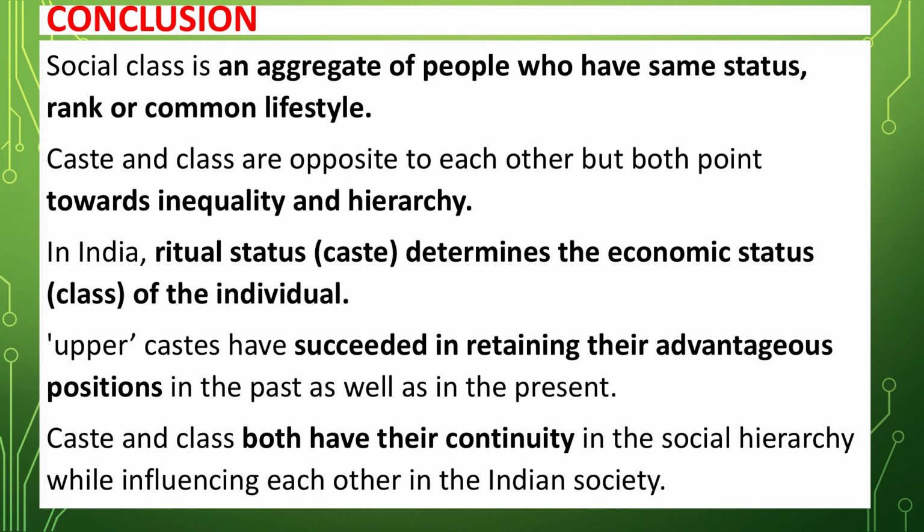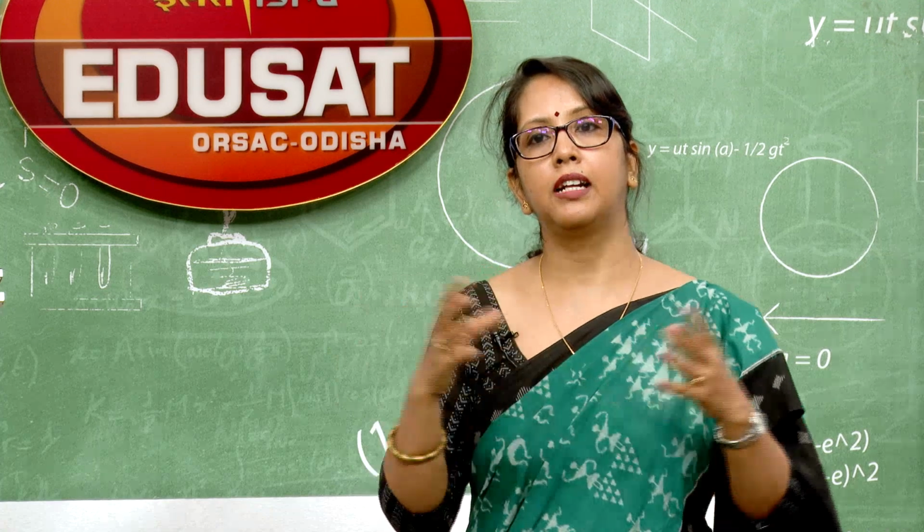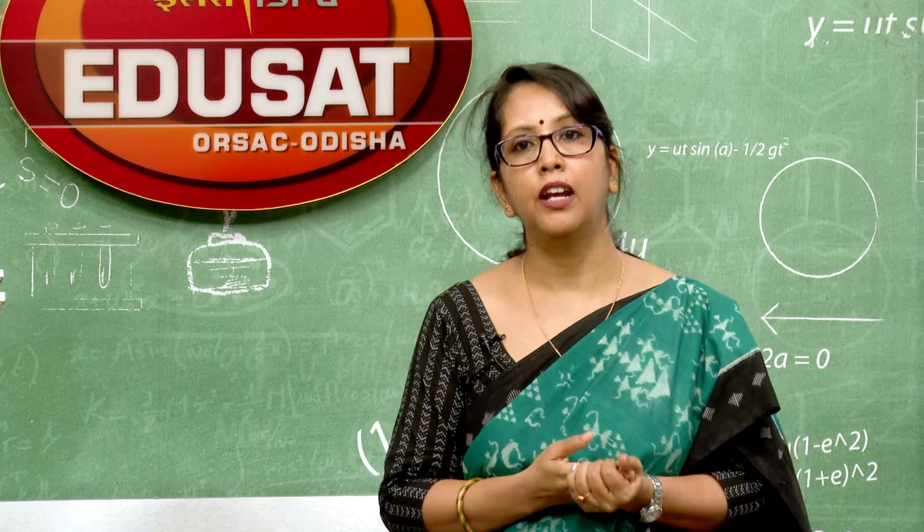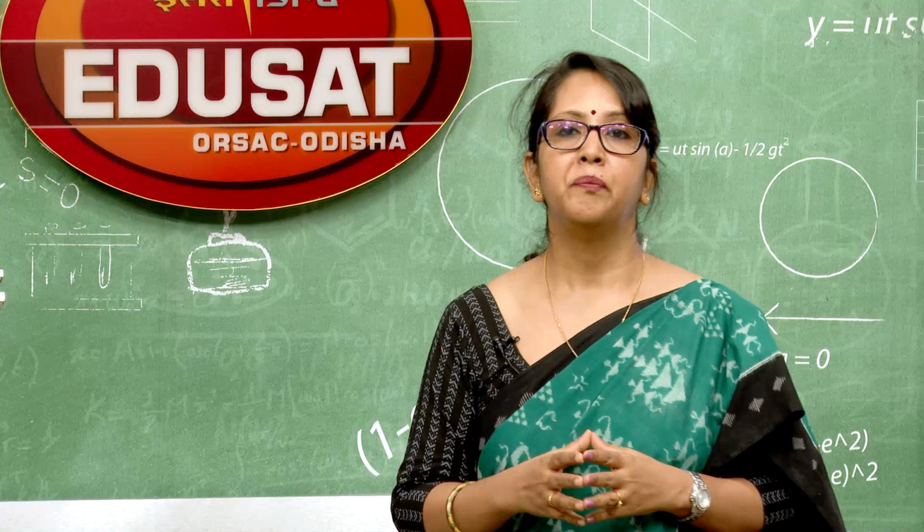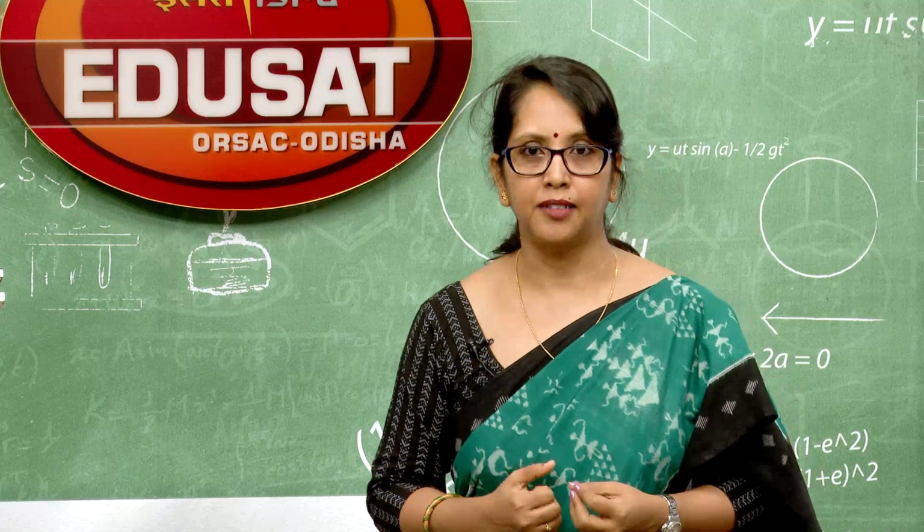So, somehow the flexibility which is expected in the Indian class structure is missing in the rural structure, but in the urban structure it is very open and flexible. So, both have their continuity in the social hierarchy while influencing each other in Indian society as well. Thank you.